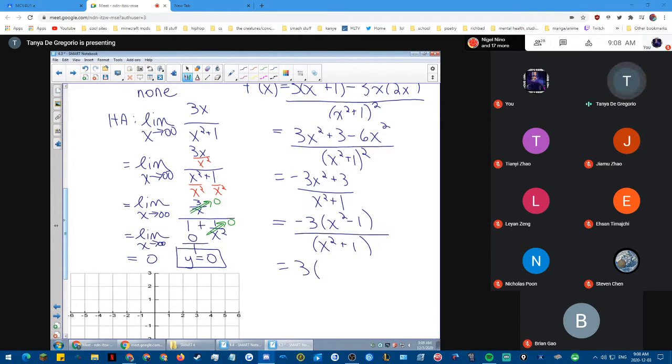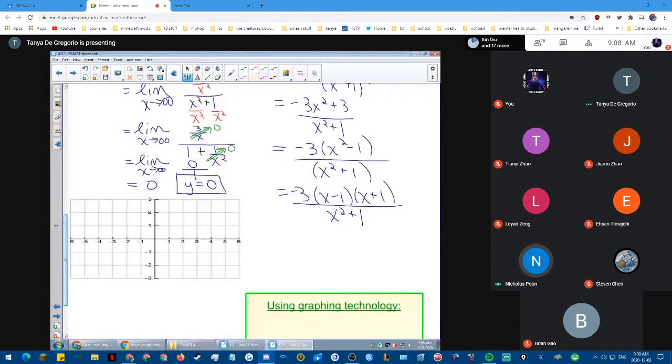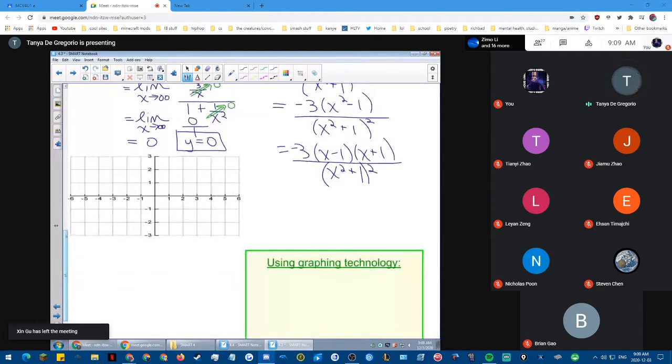And we continue to factor because we have a difference of squares. Okay, why did I do this? Miss, I think you forgot the squared for the denominator. I lost it. Thank you. Did I write it above? I think I have it on the board. Yeah, thank you.